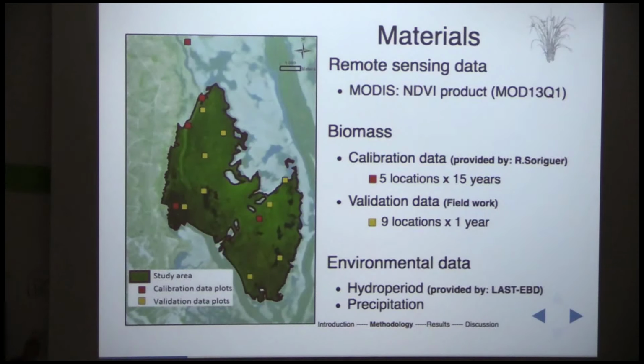To validate the model, we collected our own data, and I will explain the fieldwork design in the next slide. Apart from that, we use 2 sets of complementary environmental data. One, the hydroperiod, that is the number of days that each pixel is flooded, provided by the last, and the precipitation.